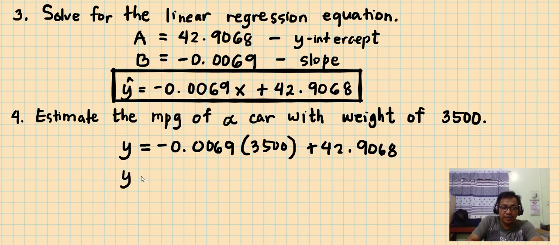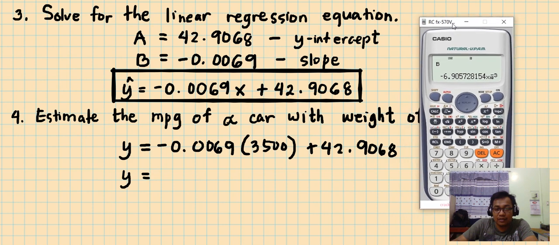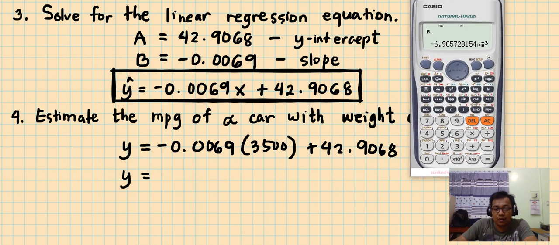So y is equal to, so ang ginawa lang natin is to substitute for the value of x in the linear regression equation to solve for y. So I can use my calculator again to solve for y.